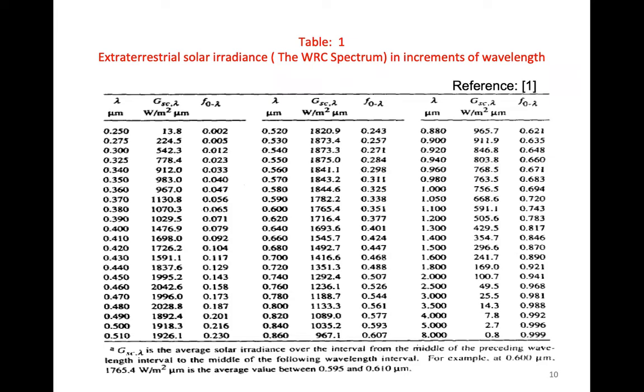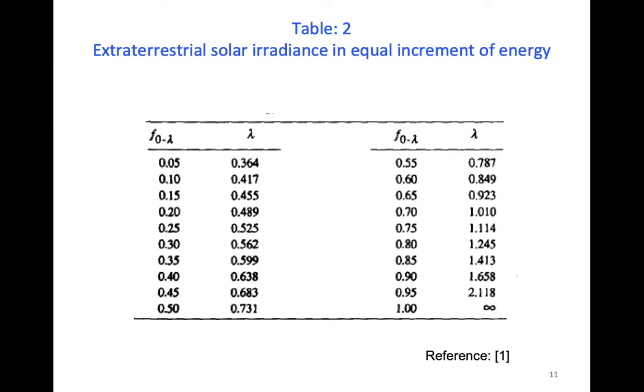The fraction f 0 to lambda of the total energy in the spectrum, that is between wavelength 0 and lambda, is given in the third column. The table is in two parts. This is first table at regular interval of wavelength and this is second table at even fractions of f 0 to lambda.